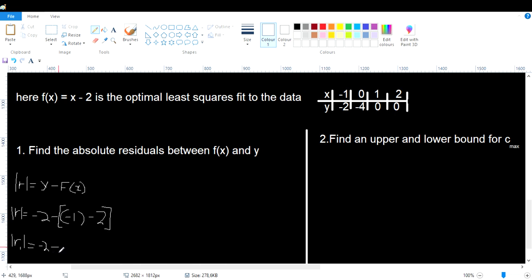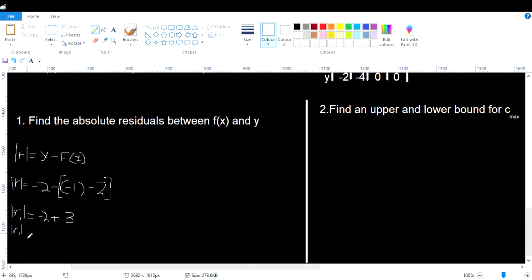So it's plus 3 here. Therefore the absolute residual answer is equal to minus 2 plus 3, which is positive 1.